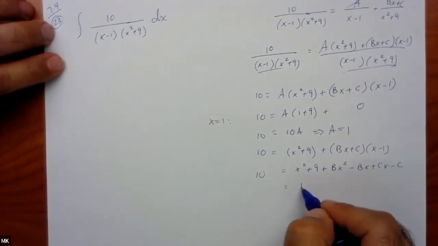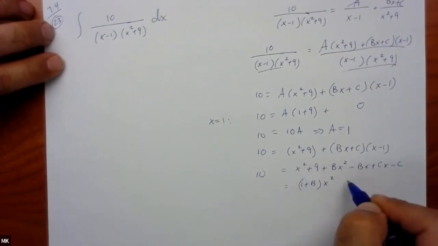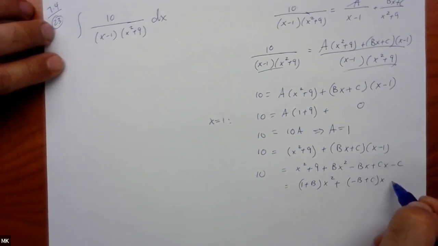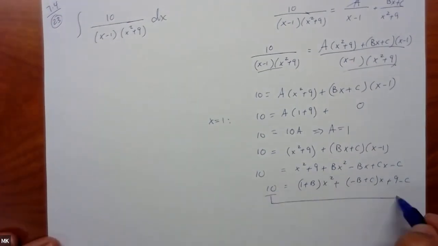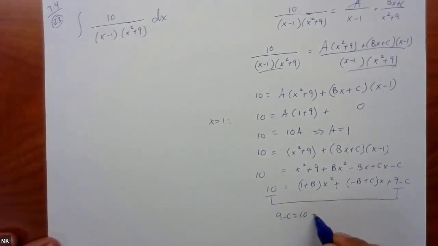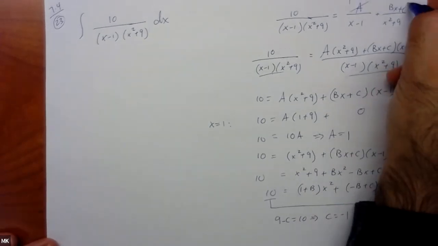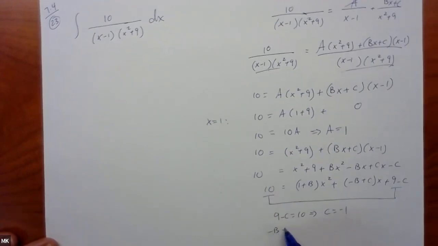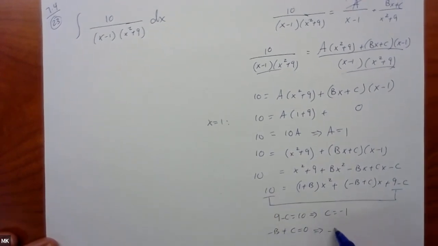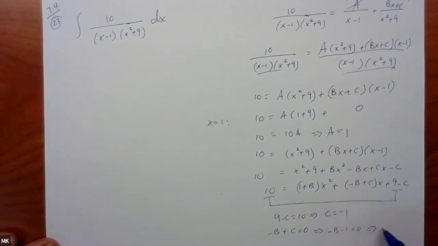So I get 1 plus b x squared plus negative b plus c x plus 9 minus c is equal to 10. So 10 would have to be 9 minus c. So I got my c, negative 1. And then negative b plus c would have to be 0 because there's no x term on the right-hand side. And I know c is negative 1. So b is negative 1.